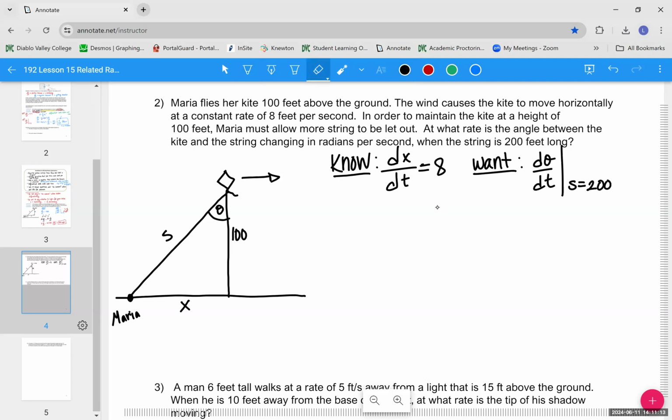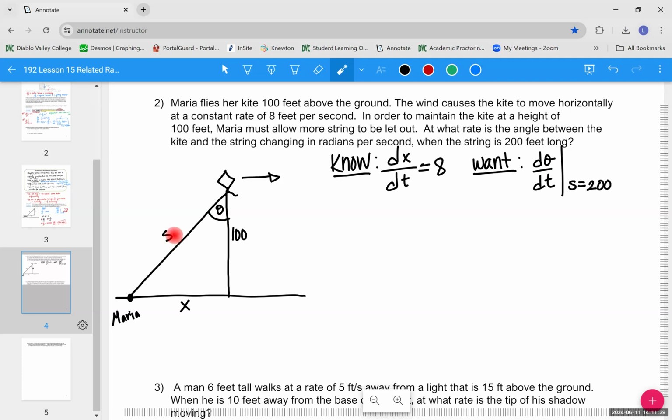Okay, once again, if it takes you a minute, press pause so that you can reread, redigest our diagram, and make sure you understand where the knowns and the wants are coming from. What we need to do next is come up with an equation that relates what I know, which is the x, and what I want, which is the theta.